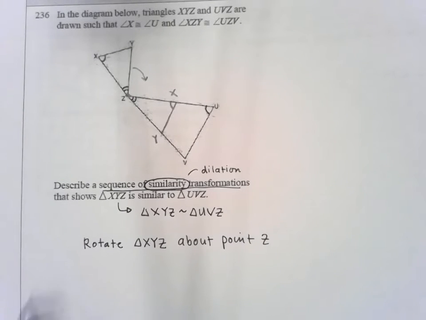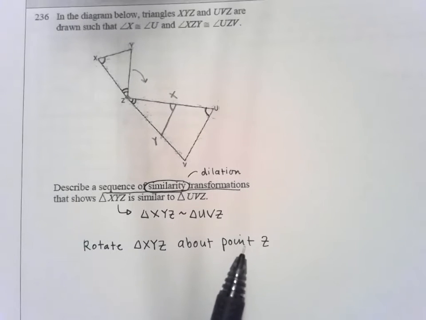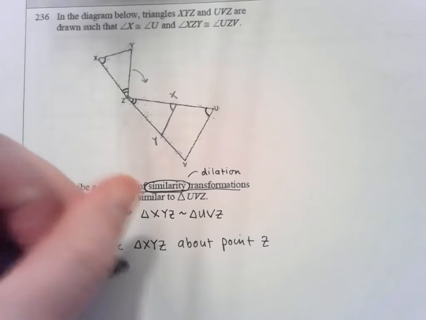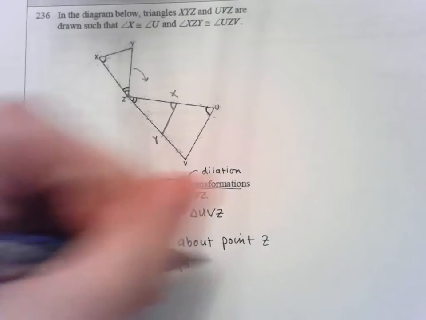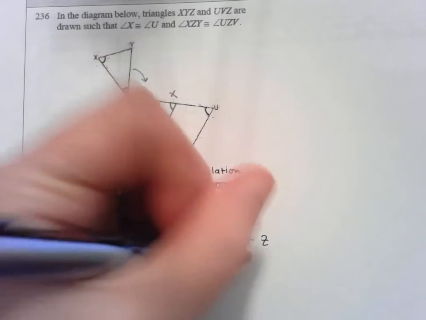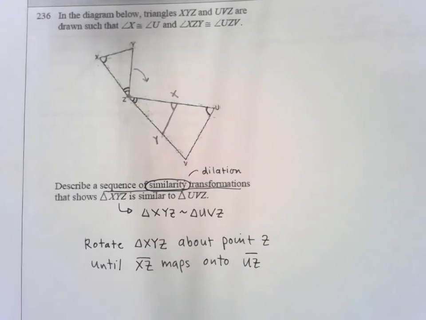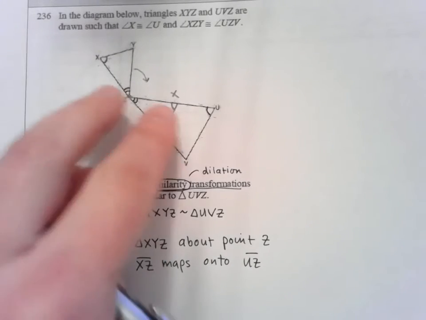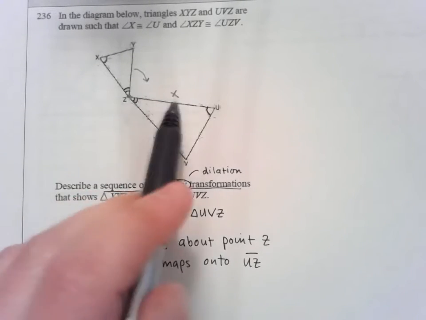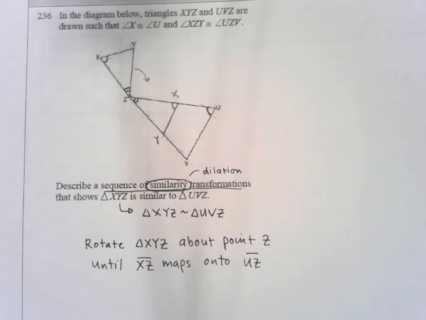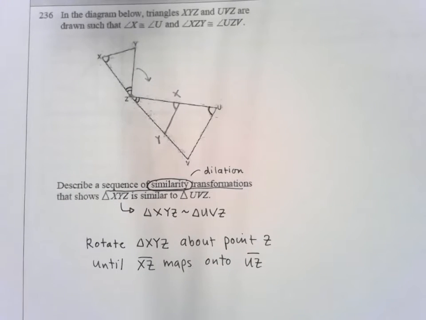So we're going to rotate XYZ about point Z until XZ maps onto UZ. So what I'm telling this shape to do is turn until your line segment XZ is in line with UZ. That's how I'm telling my shape that it should stop moving.